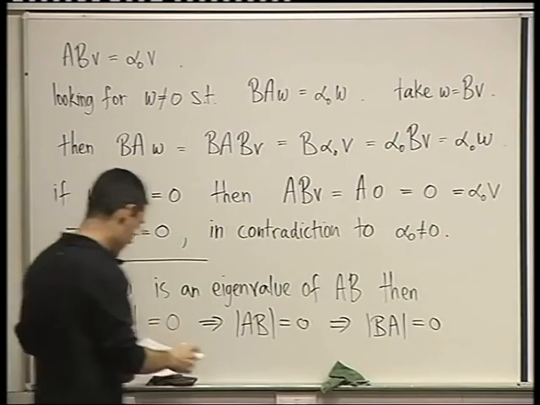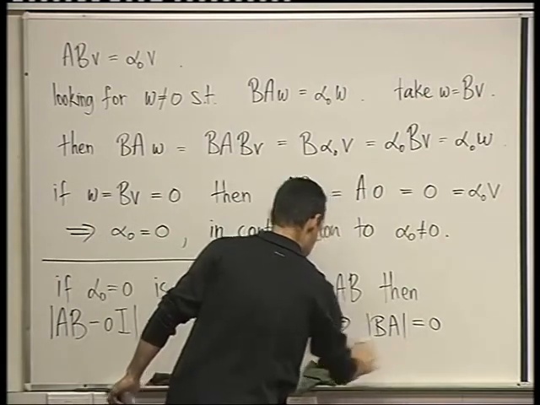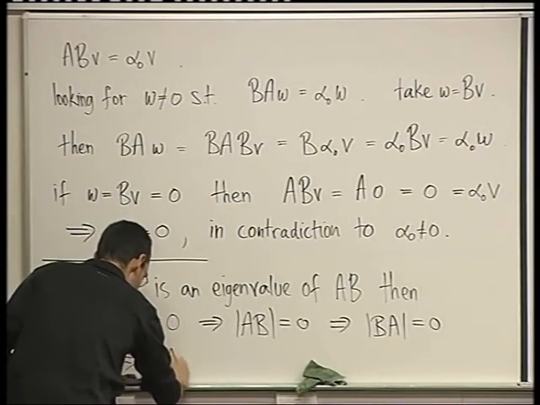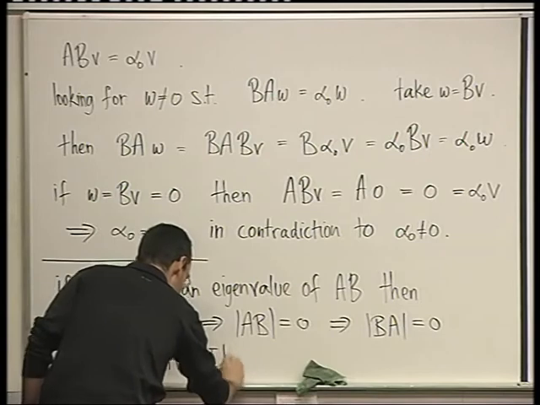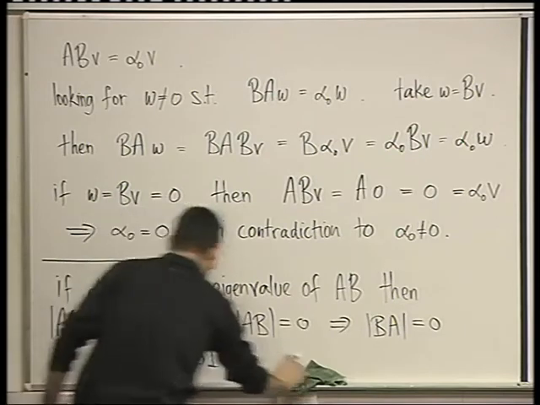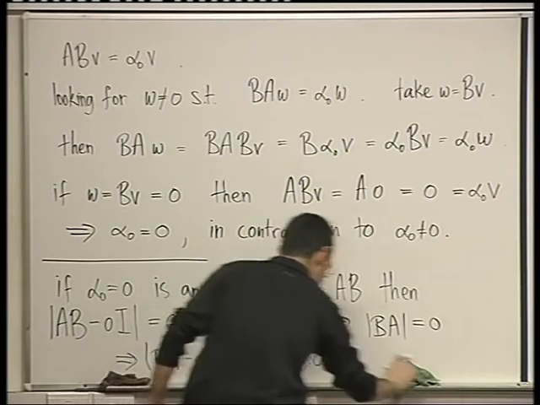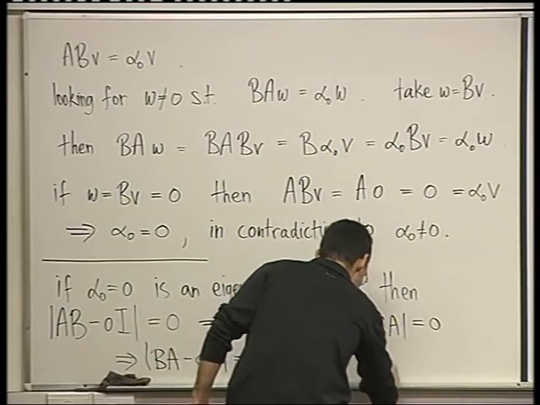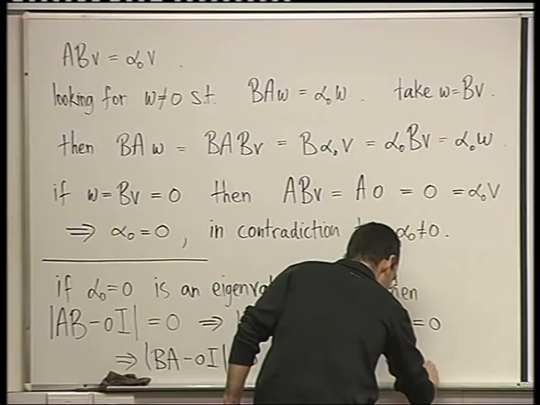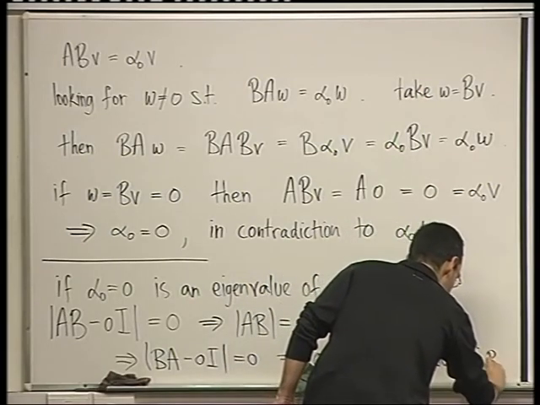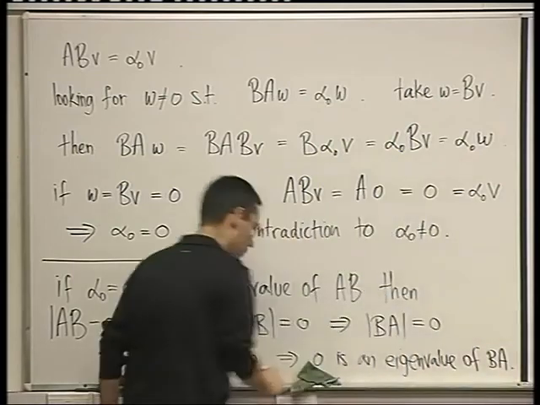And therefore, if the determinant of BA is 0, then the determinant of BA minus 0I is 0, which means that 0 is an eigenvalue of BA. And now the proof is complete.